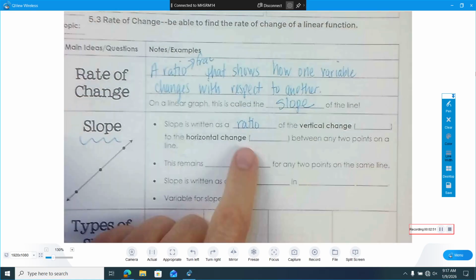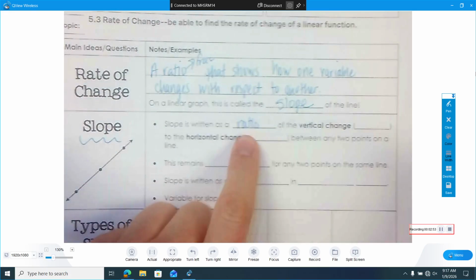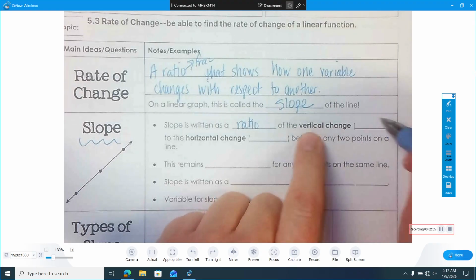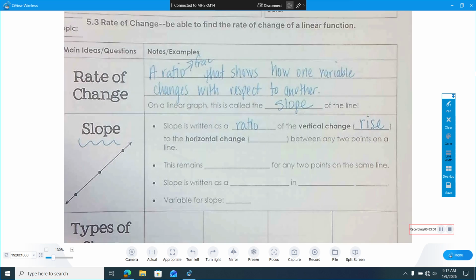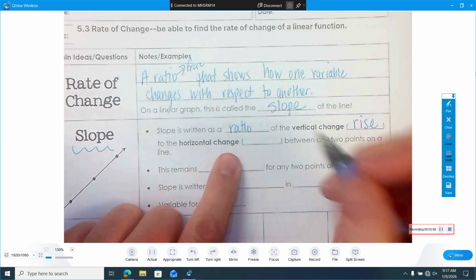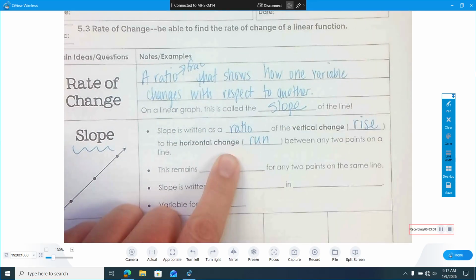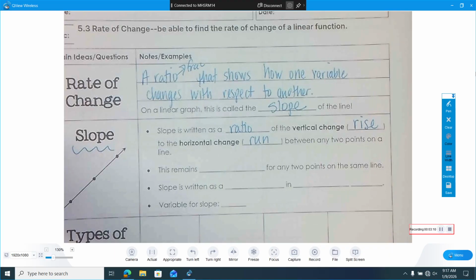Slope is written as a ratio of the vertical change, which we call the rise. Vertically, we're going up or down, how much it's rising or falling, to the horizontal change, which we call the run, between any 2 points on the line.